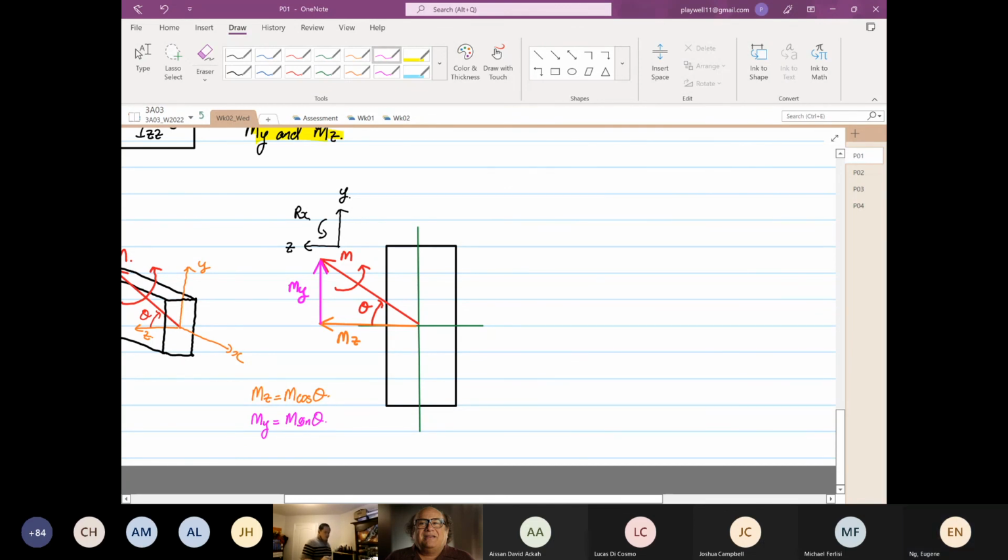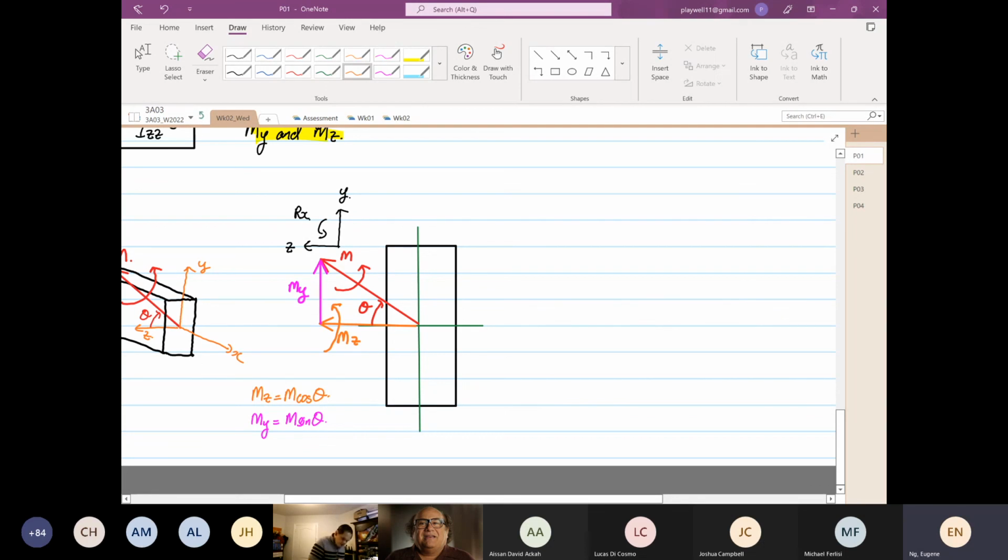Okay, so we are going to apply what I taught you. Remember last week we talked about the moment vector, right? Let me help you recall regarding Mz. If we look at Mz, the rotation of Mz is in this direction. So that is our Mz rotation, right?